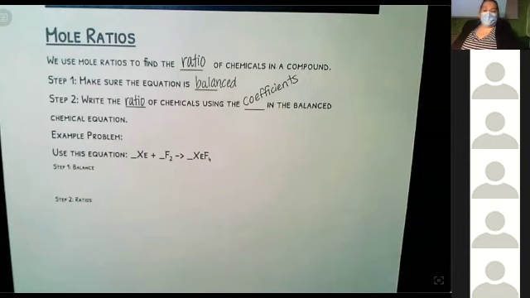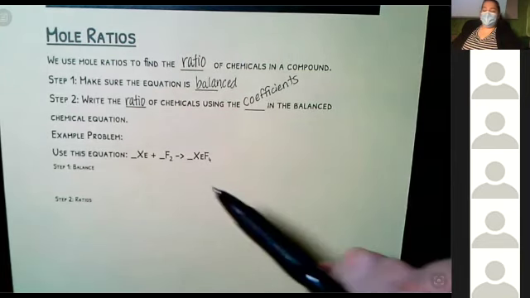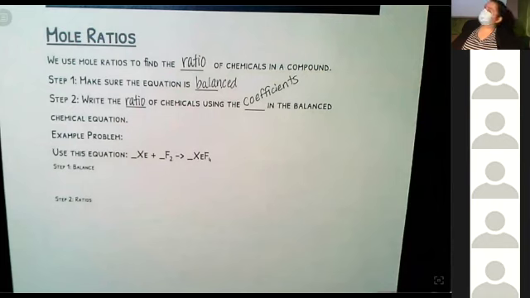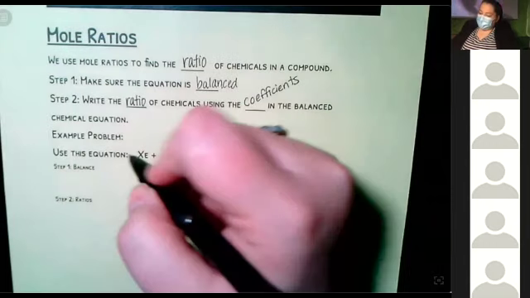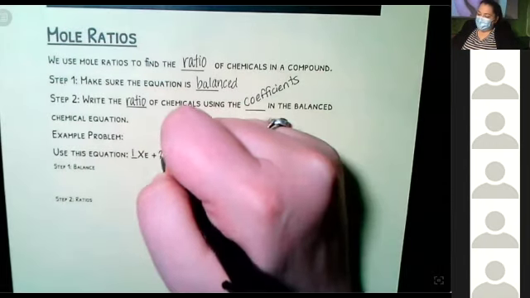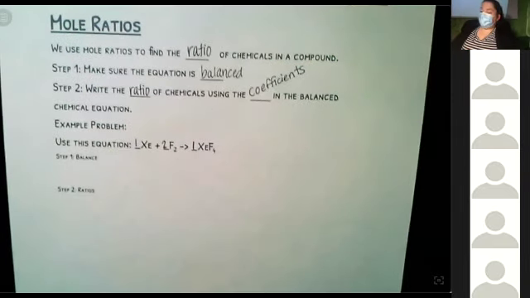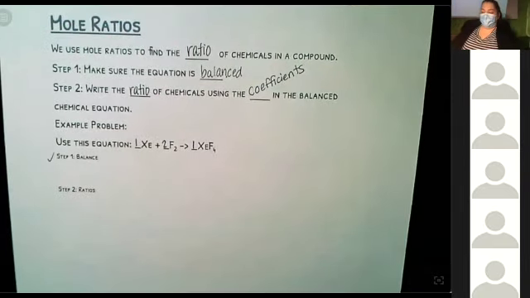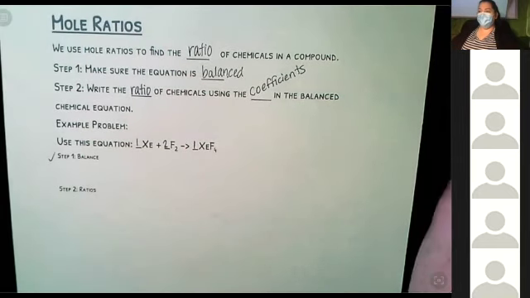So let's look at this example problem. Right? So it says use this equation. Step number 1, balance. Well, guys, we did this one for your warm-up. Ta-da! So our coefficients are 1, 2, and 1. So we balanced. Check. I'm not going to make you rewrite the balanced equation there. We don't need to do all that.